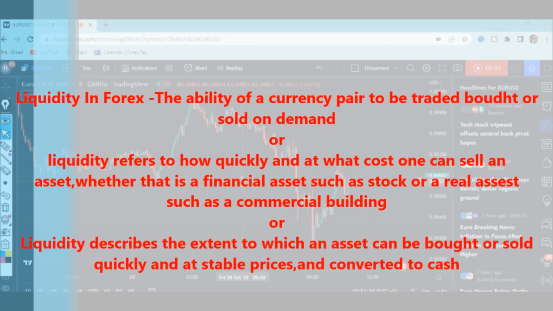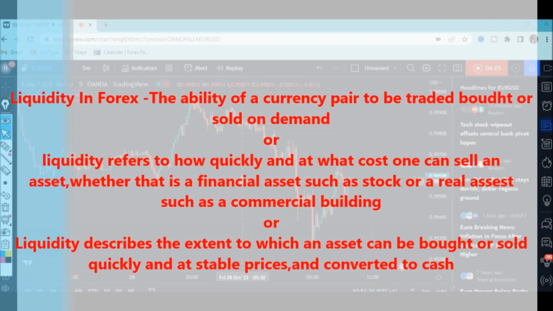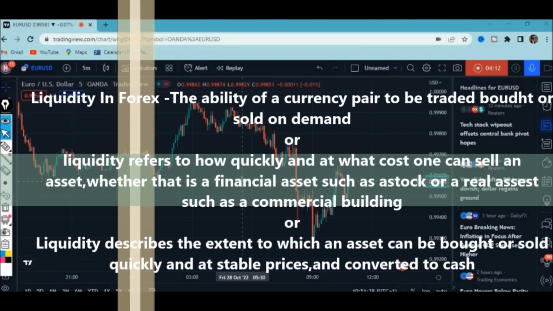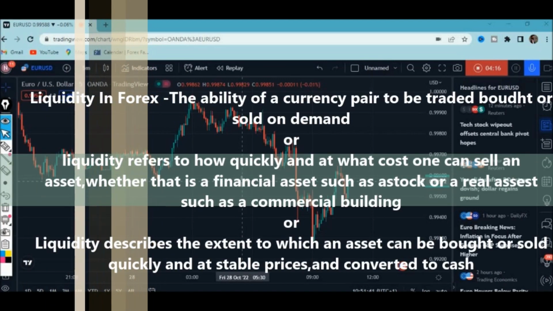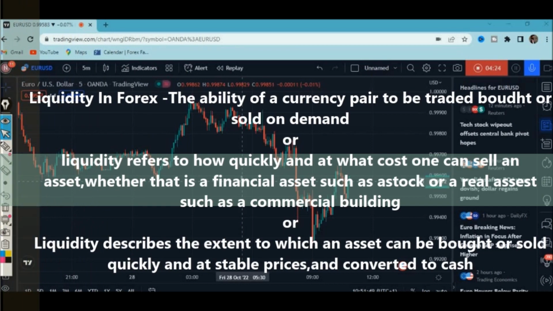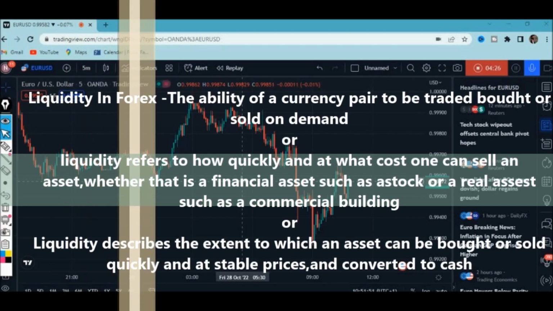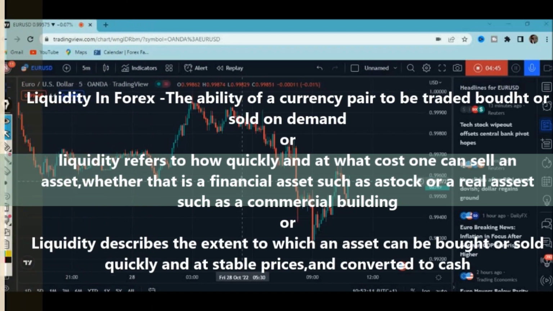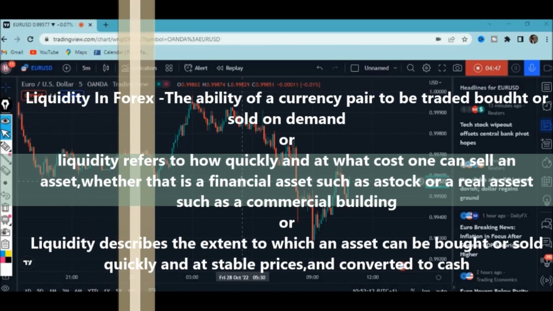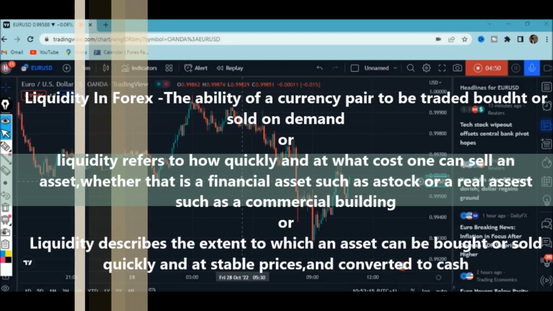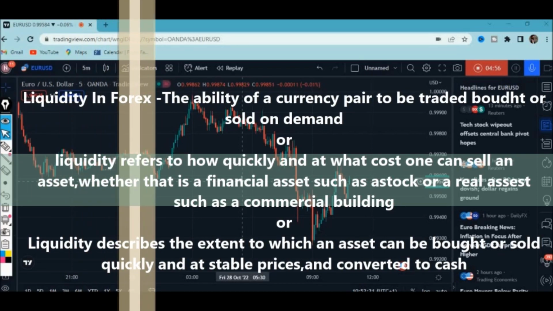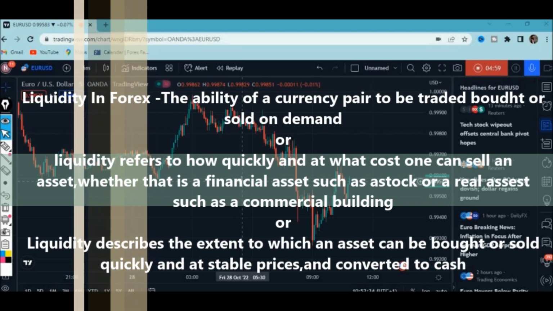If one has an asset with a true value of $50, and one can instantly convert that asset into $50 of cash, or rather a cash equivalent, then we think of the market for that asset as perfectly liquid. So in a perfectly liquid market, someone who is looking to buy an asset whose value is $100 will be able to purchase that asset instantly for exactly $100 and receive it instantly.